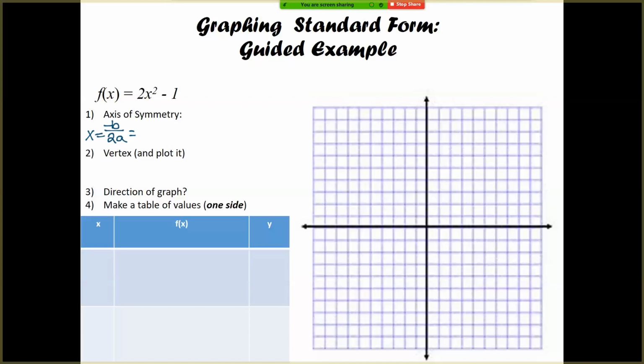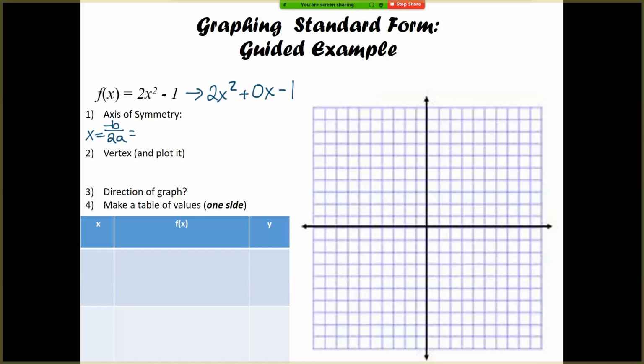So it is the b value that's missing. If it helps you to rewrite it as 2x squared plus 0x minus 1 so you can see it, by all means, go ahead and do it. The b value of that linear term was missing, so we just filled it in. There are none of them, so I put 0x.